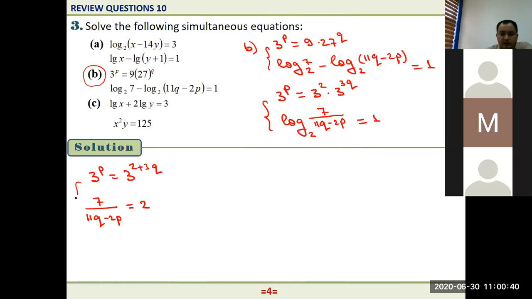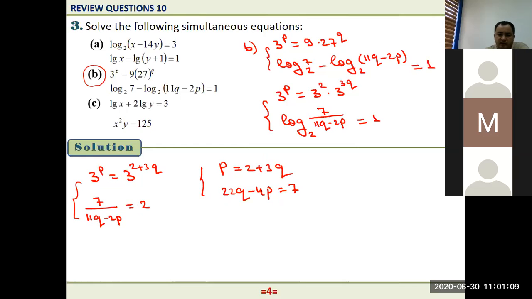So from here, bases are equal. P should be equal to 2 plus 3Q. And here we have 2 times 11Q minus 4P... 22Q minus 4P should be equal to 7.